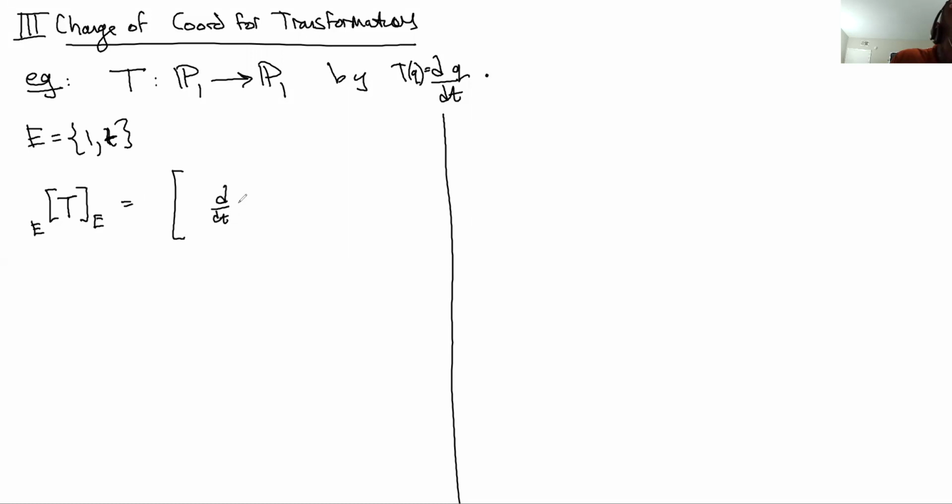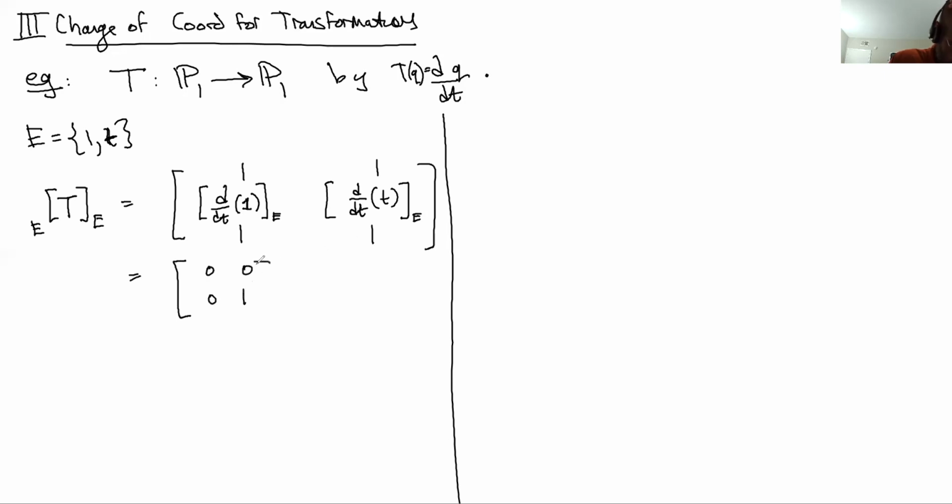It's d by dt of 1 in this basis, the coordinates in this basis, and d by dt of t, coordinates in this basis, which is, this is just 0 and that one is just 1. So that's the matrix of T relative to the E basis.